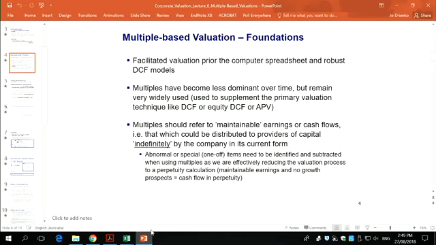As it says there, they have become less dominant over time, but are still widely used, and they're used to supplement the primary valuation technique, which is DCF. So they're the second best, if you like, valuation method. Because, I'll say it again, this is very important, because everything is condensed into a perpetuity, essentially, we need to use maintainable earnings.